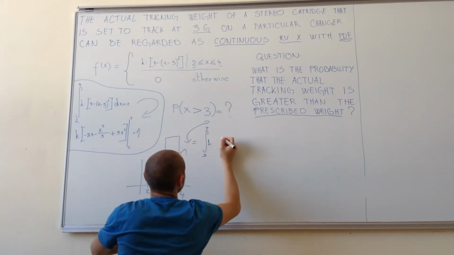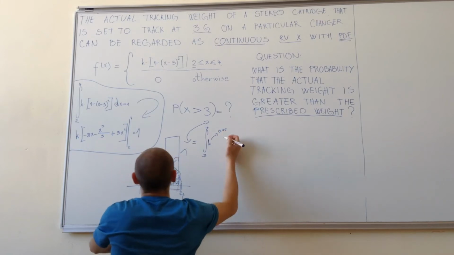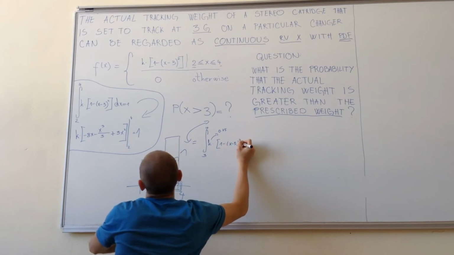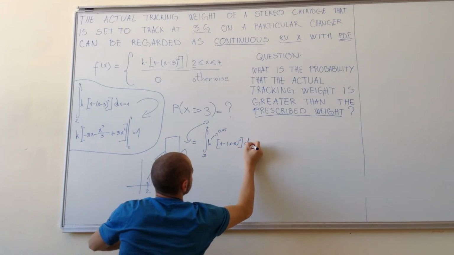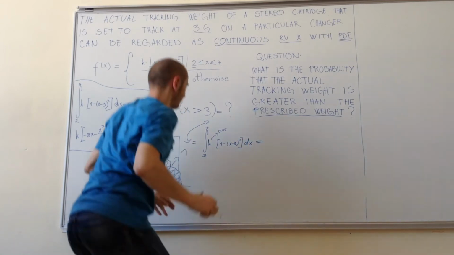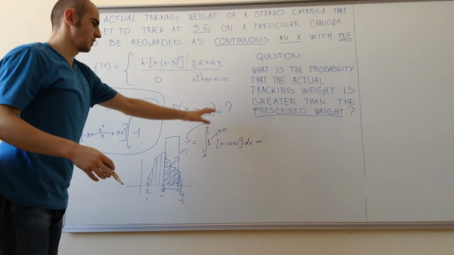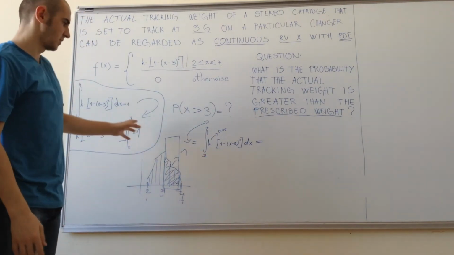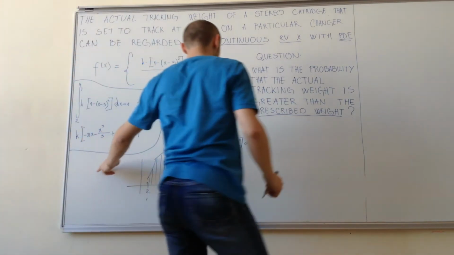So it will be k times, which we know is 0.75, which we have found, k times 1 minus x minus 3 squared dx. Now we have to solve this. As I said, we will not solve this integral all over again. That's why I have written this one here, which is the solution for that one. So we'll just rewrite it.